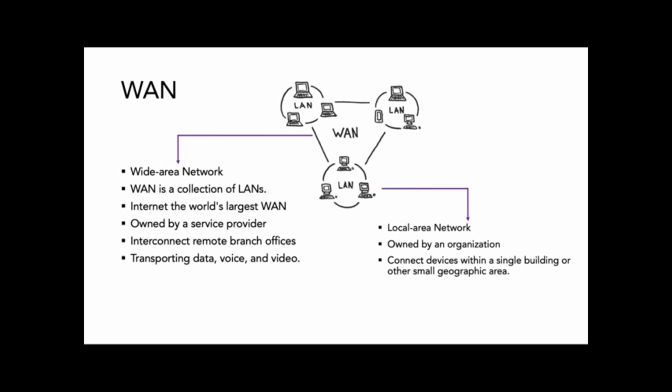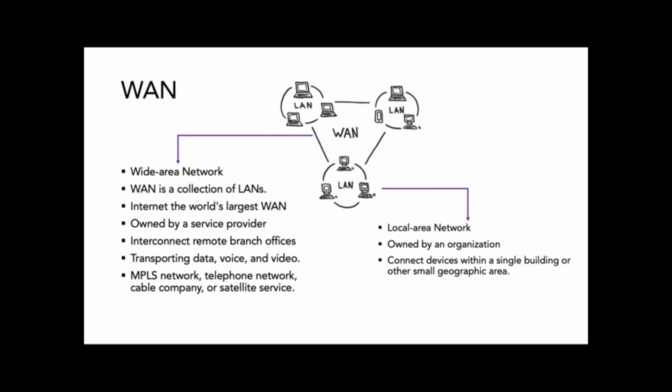The service provider provides links to interconnect remote sites for the purpose of transporting data, voice, and video. WAN service providers include carriers such as MPLS network, telephone network, cable company, or satellite service.